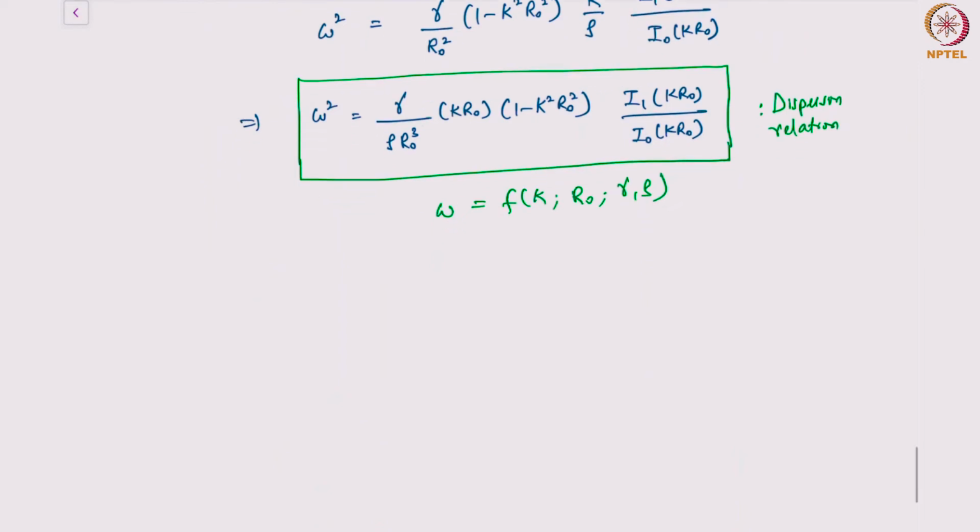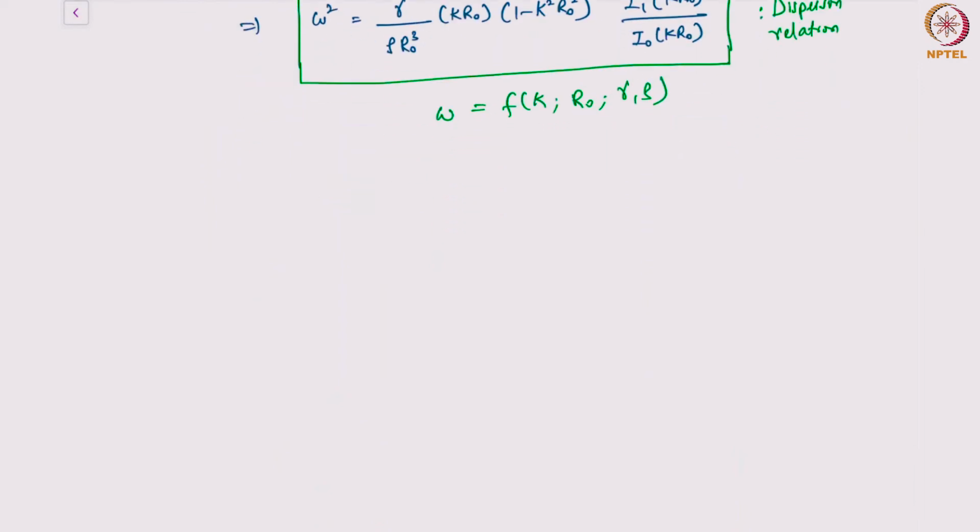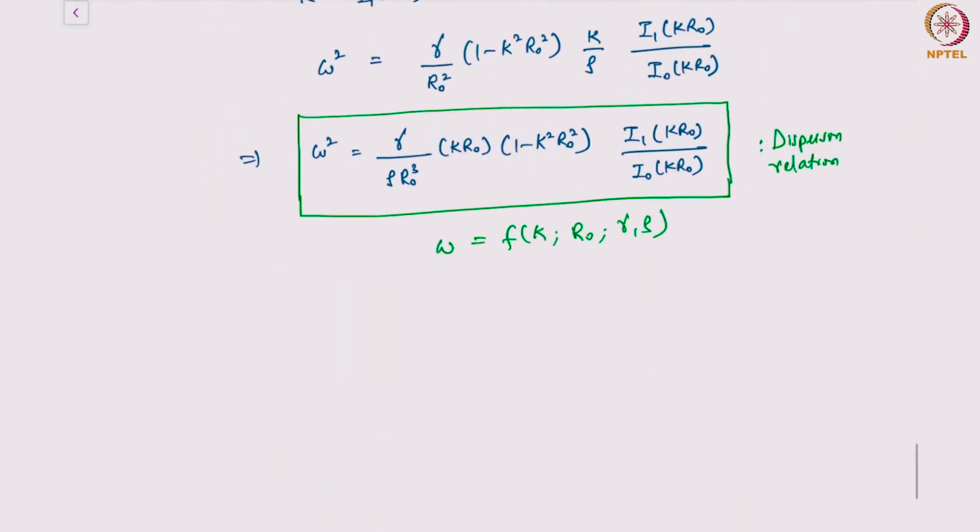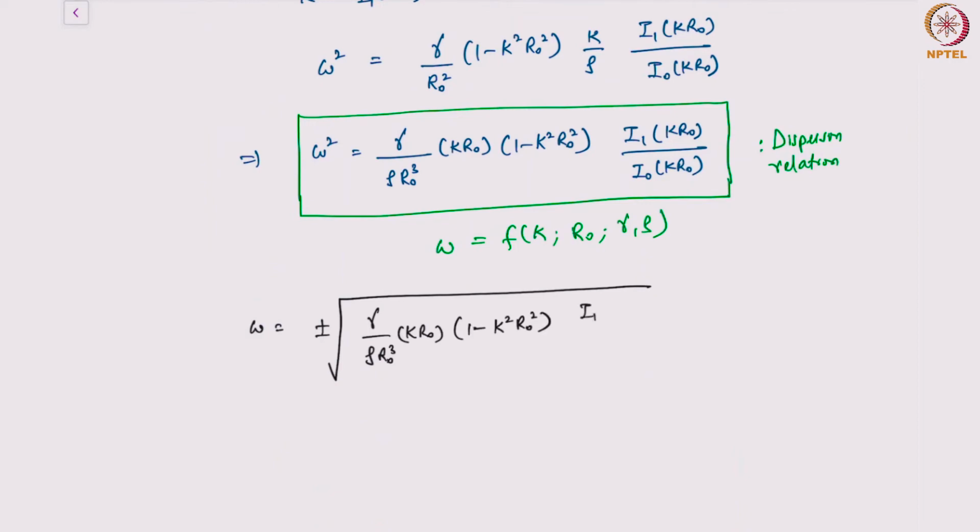So this dispersion relation, if I take a few more minutes, I can solve for it. Omega, as it turns out, simply becomes plus or minus the square root of gamma by rho r naught cube times k r naught times 1 minus k square r naught square times I1 of k r naught by I0 of k r naught. Right?